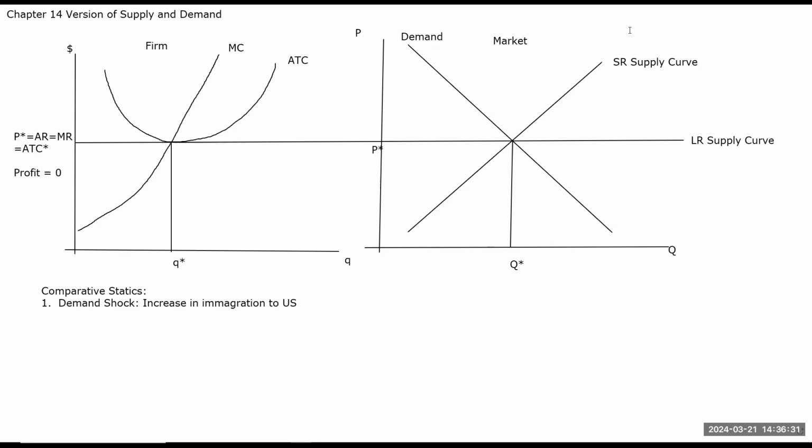So the first thing that's going to happen is the demand curve is going to shift outwards. I'm going to call that D2. The demand curve moves out this way.